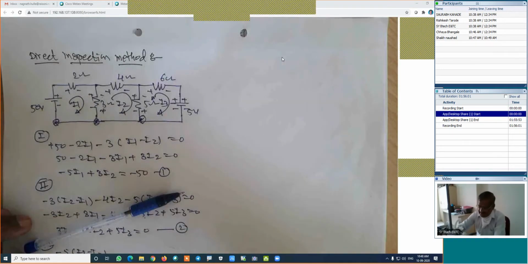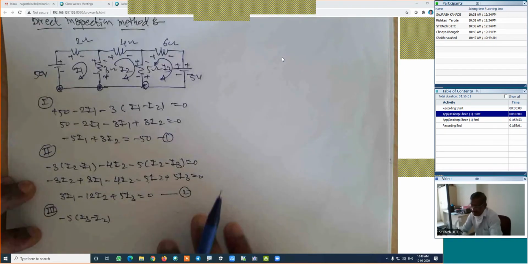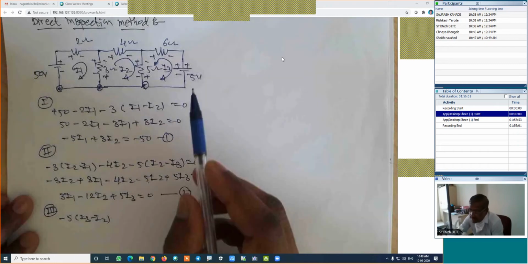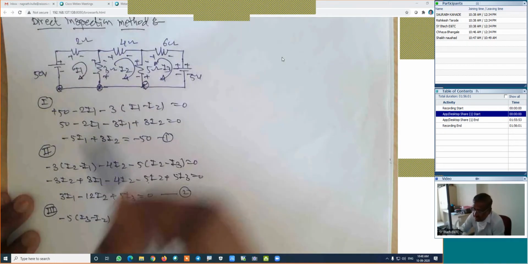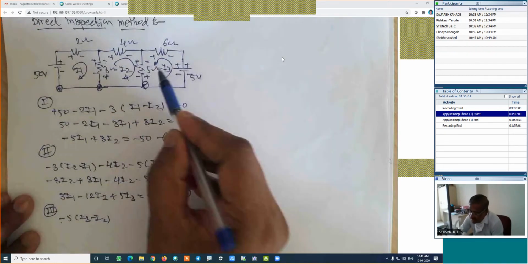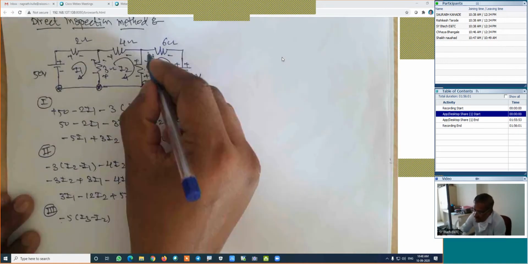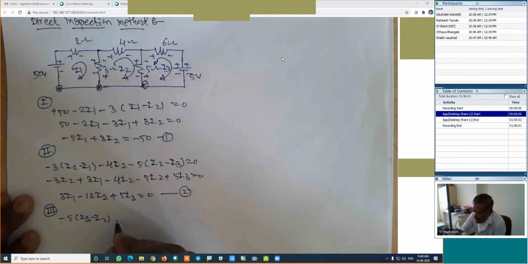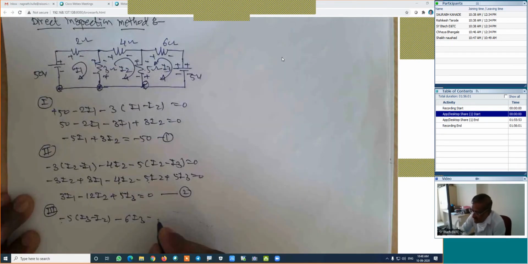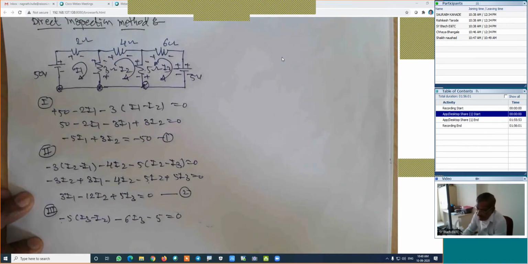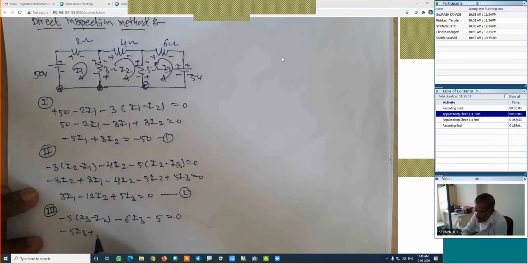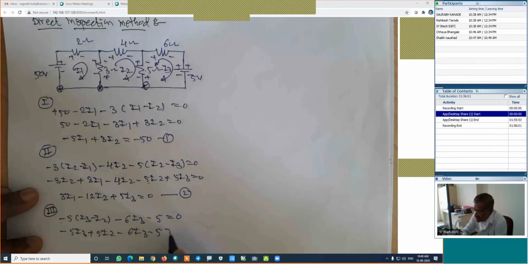Positive to negative, which is minus 5 into (I3 minus I2), then minus 6 into I3, then minus 5, which is equal to 0. Is it right? Simplifying further, it is minus 5I3 plus 5I2, then minus 6I3 minus 5, which is equal to 0.